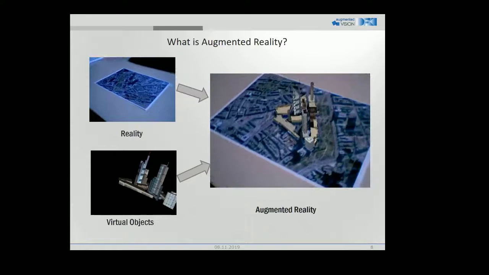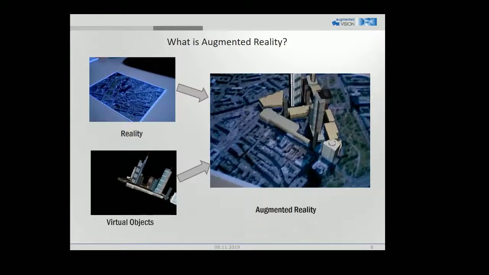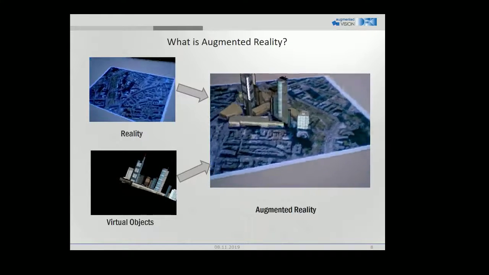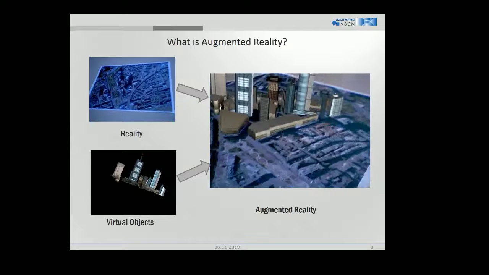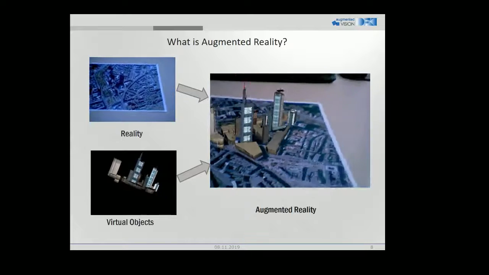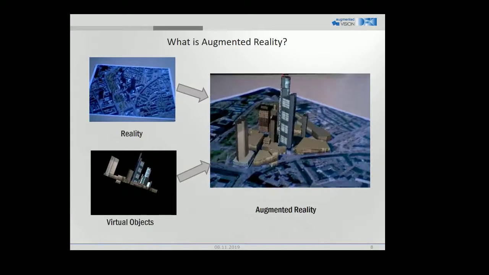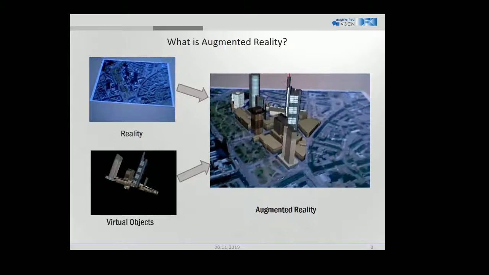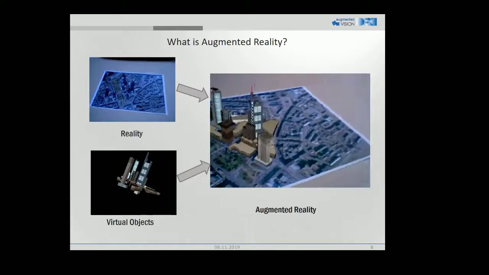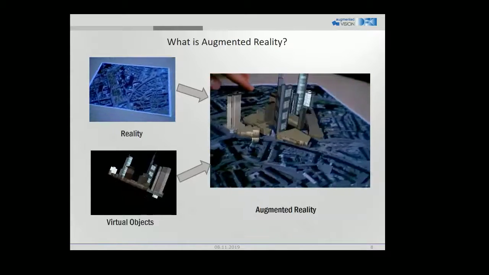Let's say some engineers want to see how a building would look in real life. They can use this kind of application to have a general idea of how their design will look. What does this mean for the future?